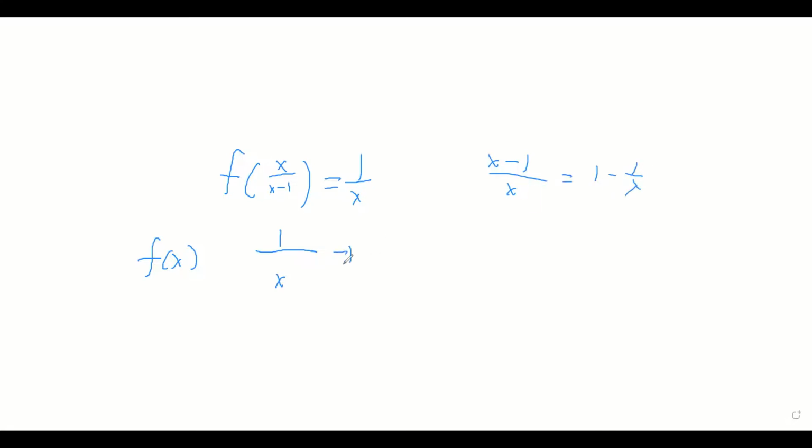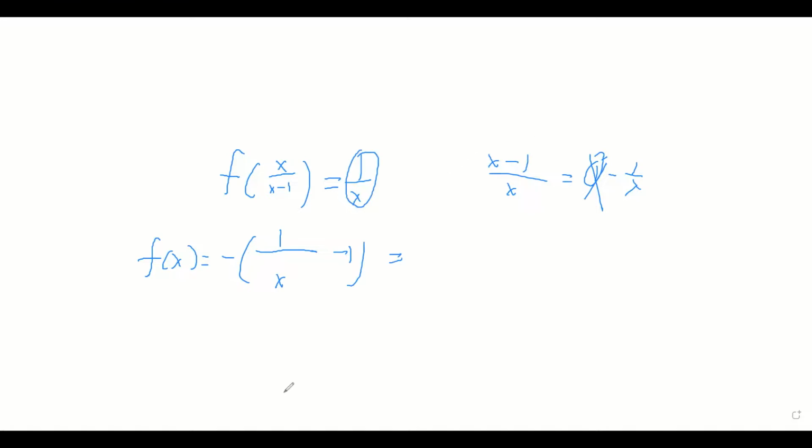If you subtract 1 on top of that, you're left with only negative 1 over x. And then if you take the negative of this, you will get this 1 over x here.